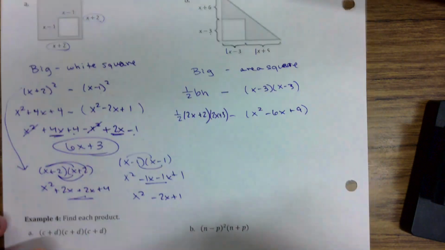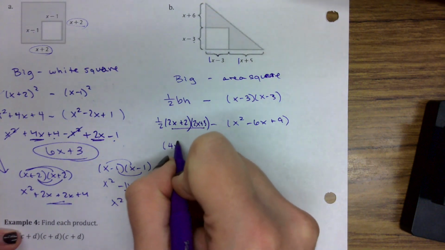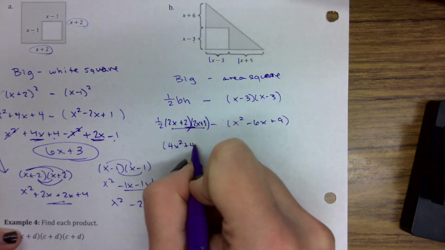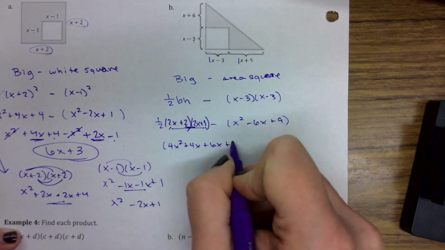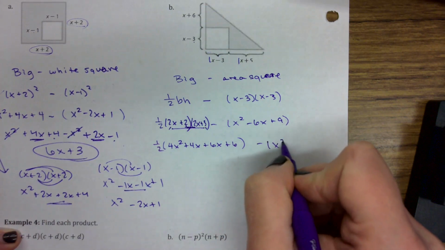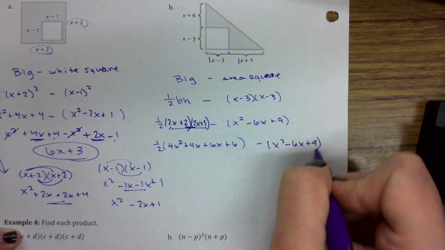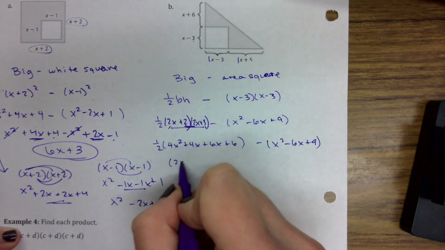This is trickier. So let's FOIL these first before we bring in the 1/2, and we get 4x squared plus 4x plus 6x plus 6. And then we have to take half of that. But don't forget about your other white square that you have to remove. When I distribute the 1/2, I'm cutting everything in half.